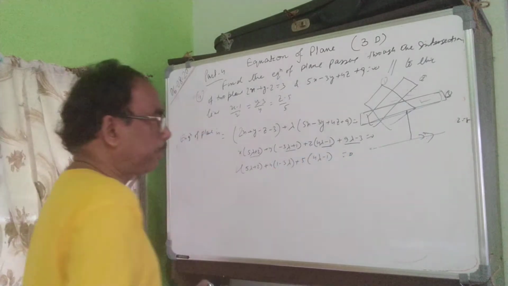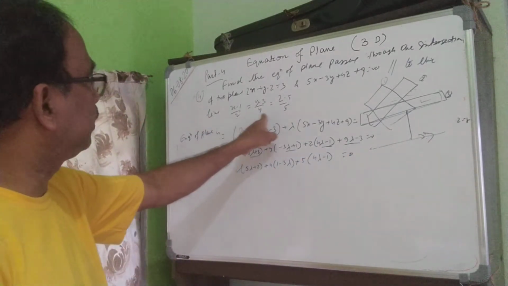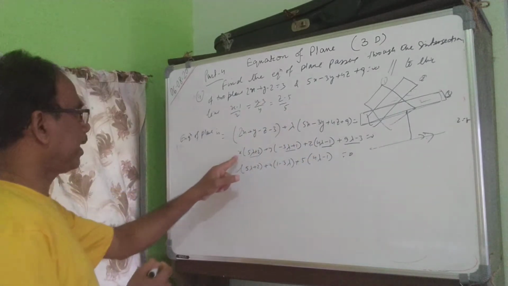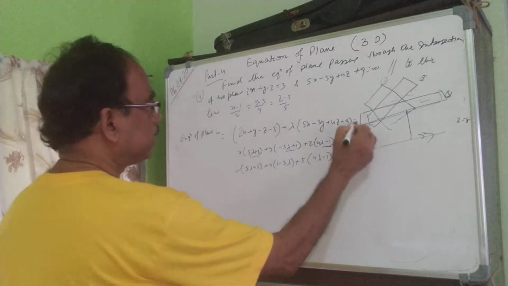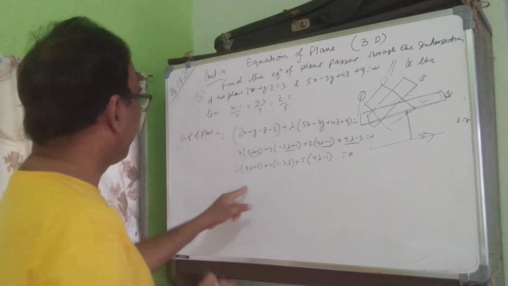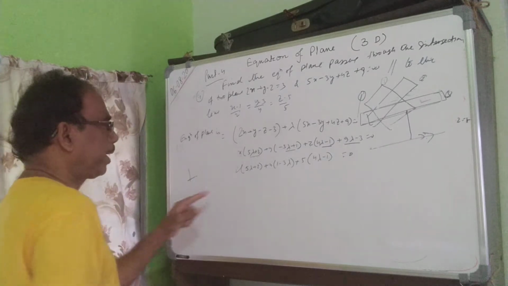That is the condition of perpendicularity between the direction ratios of the straight line and the plane. This is equation number 1.